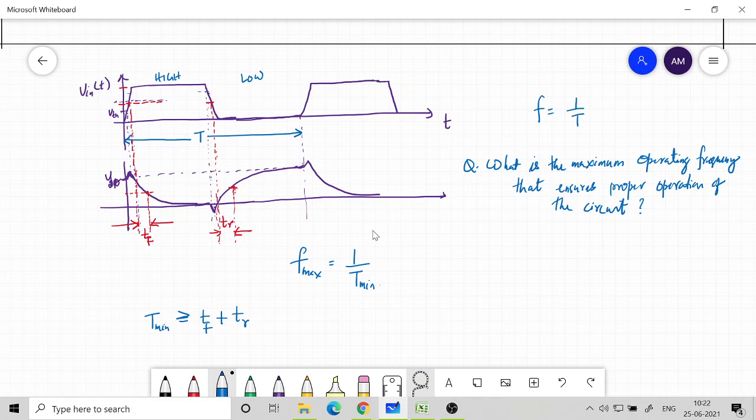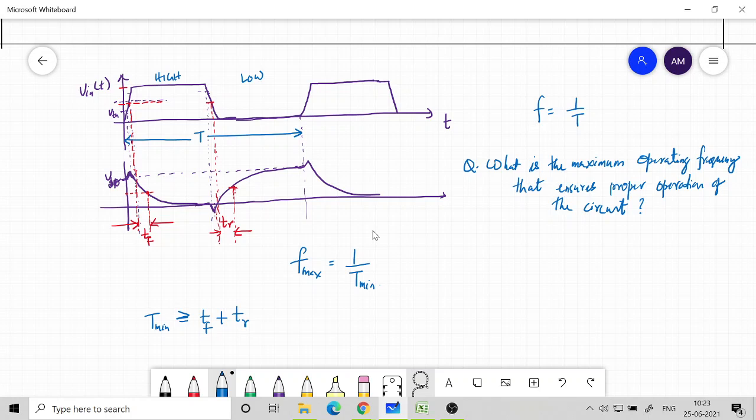So we need to give a correction even if you take TF and TR as I have shown in the waveform characteristics. If I operate T minimum as TF plus TR, that may not be sufficient to take into account this increasing voltage before discharging and decreasing voltage before charging.